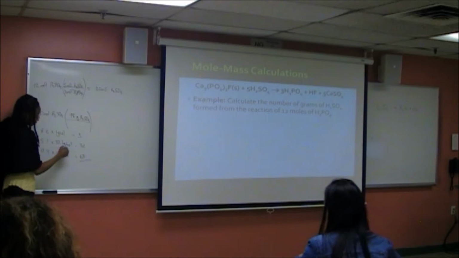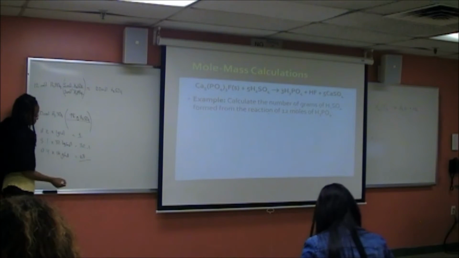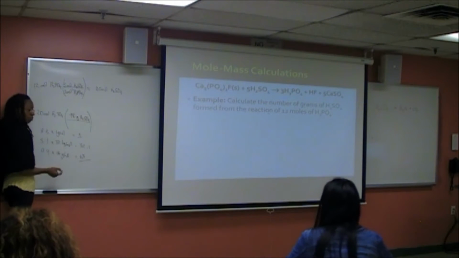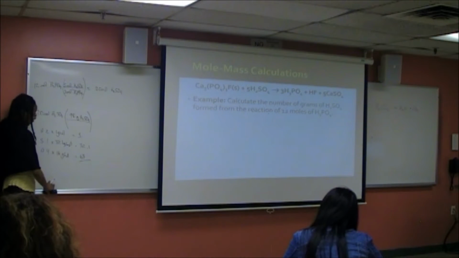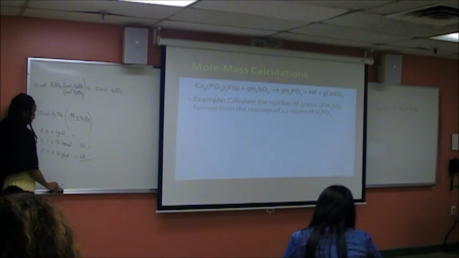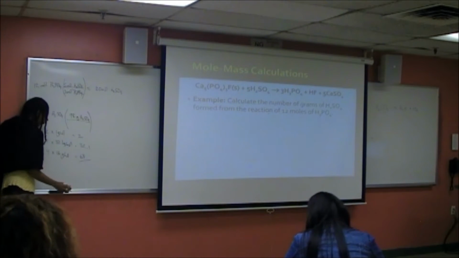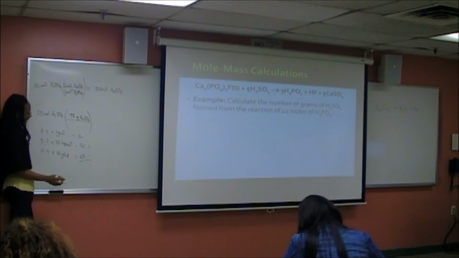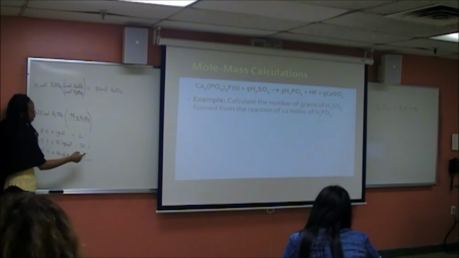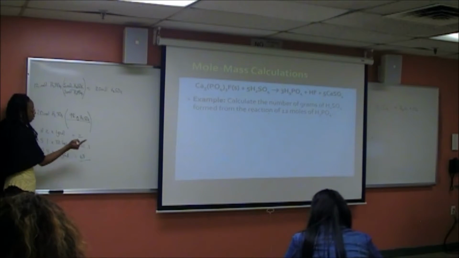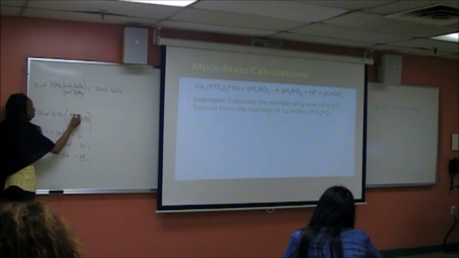So 2 times 1 is 2. So 64 plus 32.1 plus 2 is 98.1.